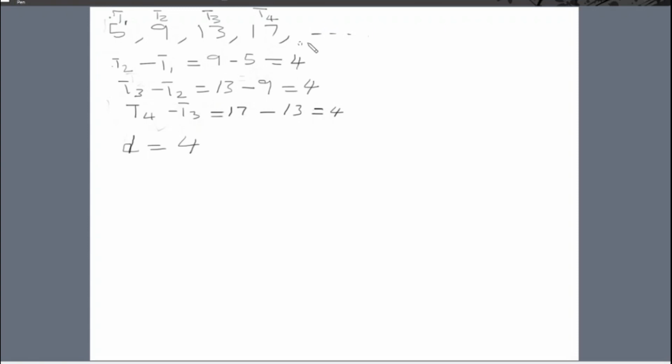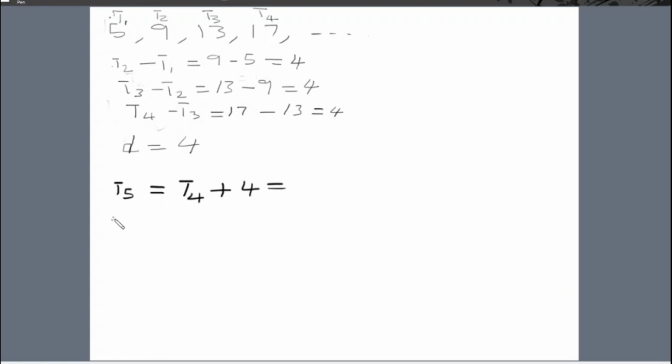Okay, the next two terms are T5 and T6. Right, so let us calculate the next two terms. T5 is equal to T4 plus 4, because the common difference is 4.